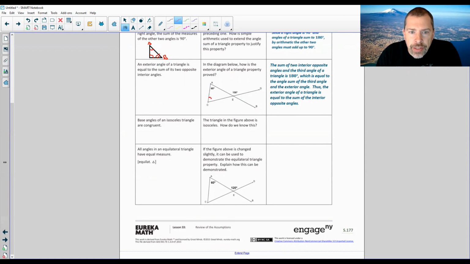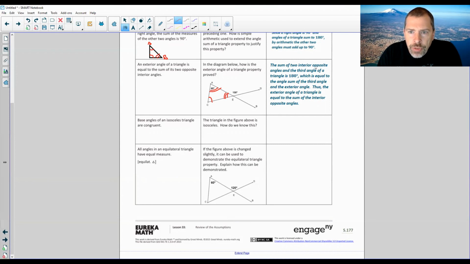So they're saying this plus this, the sum of two interior opposite angles and the third angle, this one, adds up to 180, which is equal to the angle sum of the third angle and the exterior angle. Thus, the exterior angle of a triangle is equal to the sum of the interior opposite angles.